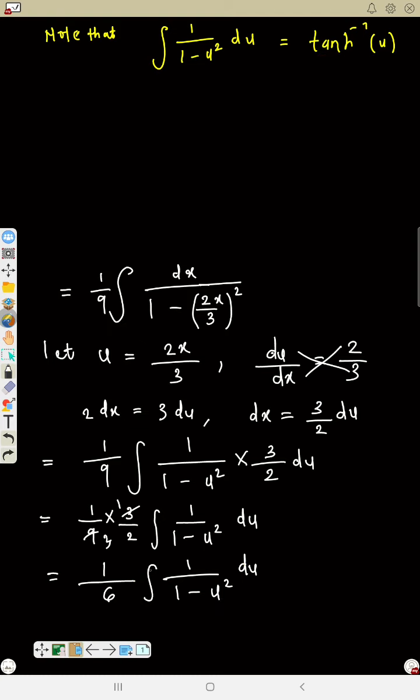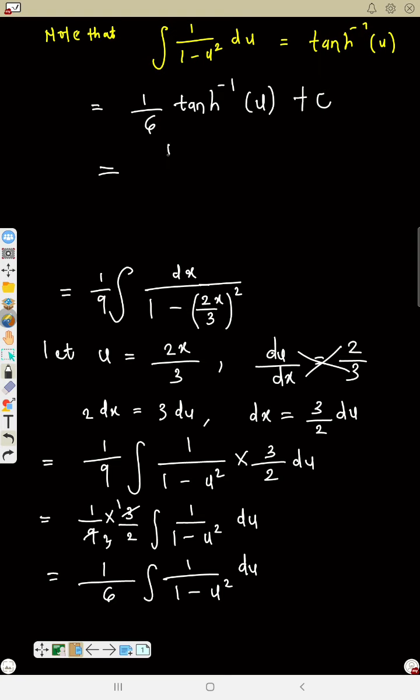That means from there I will have 1 over 6 arctan u plus c, that is the constant of integration.